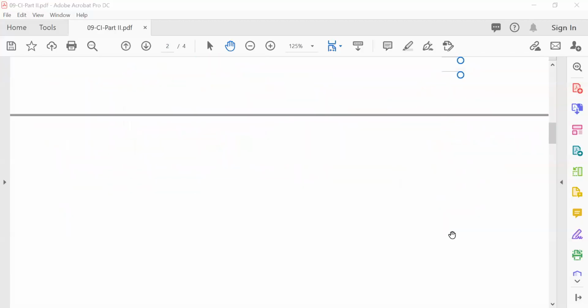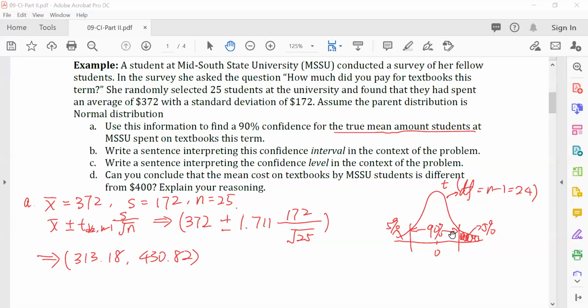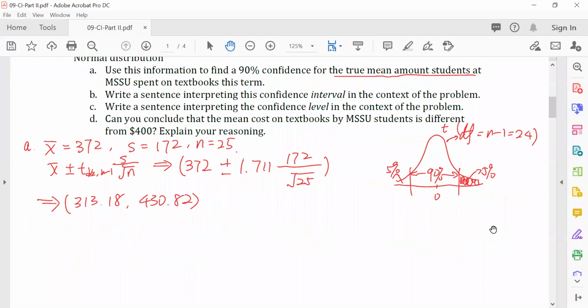So for B, again, please remember what I've just said. There is a typical misinterpretation. It's not about the individuals of the sample. It is about the procedure.